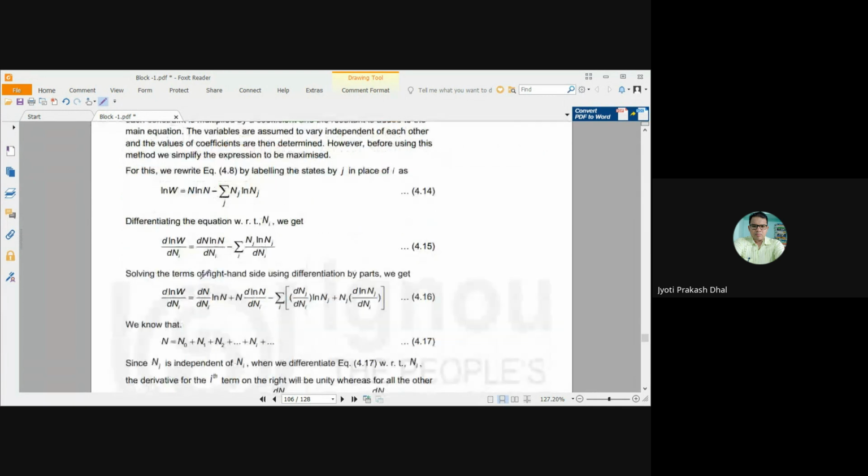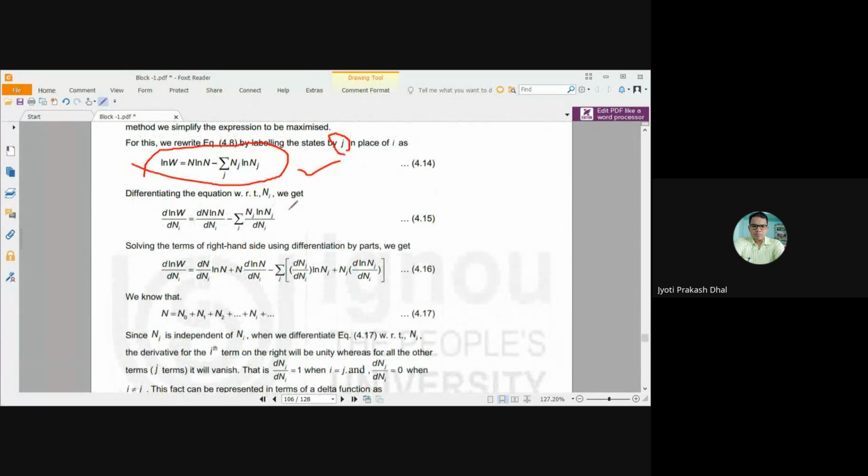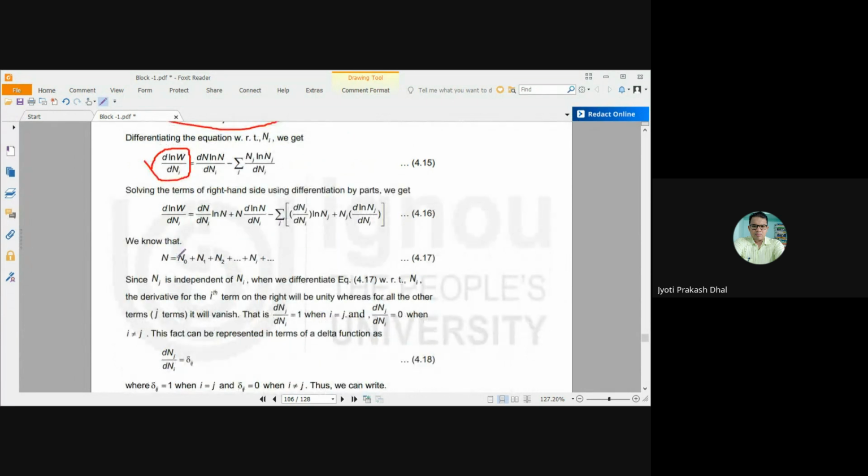So to rewrite equation 8, we can write ln W equals N ln N minus summation of nj ln nj, labeling the states by j in place of i. Now differentiating with respect to ni, we can write d ln W by dni equals d(N ln N) by dni minus summation of d(nj ln nj) by dni.